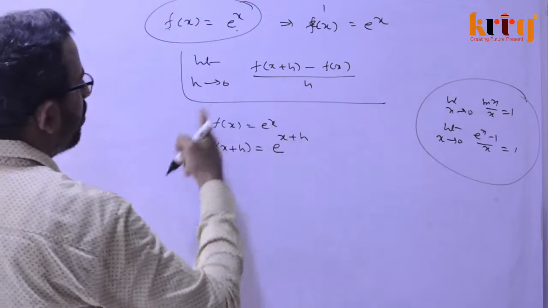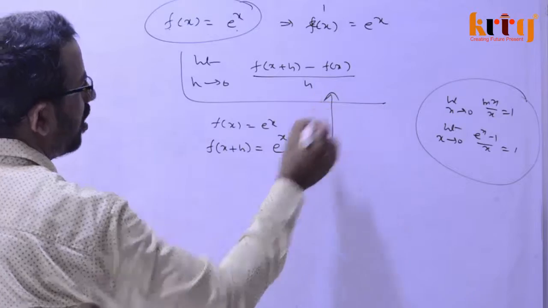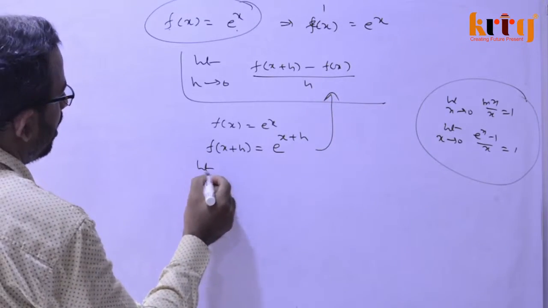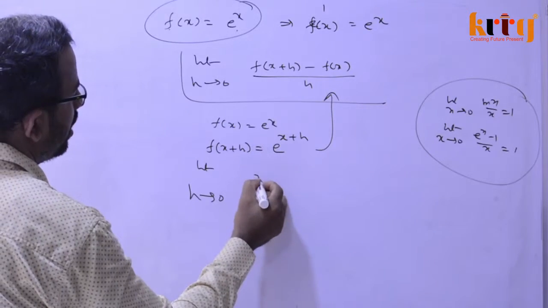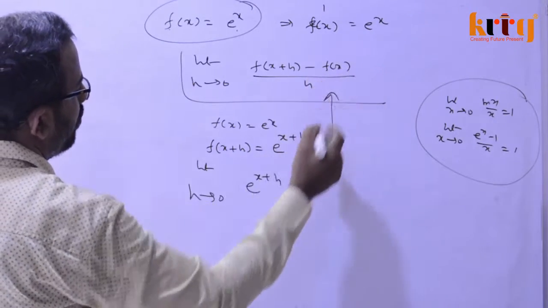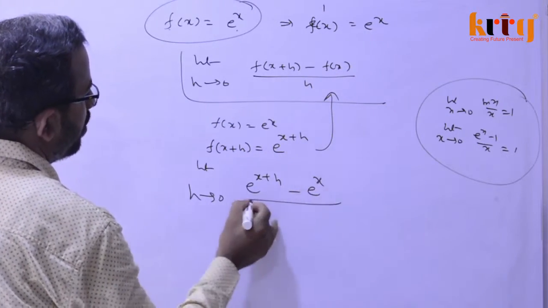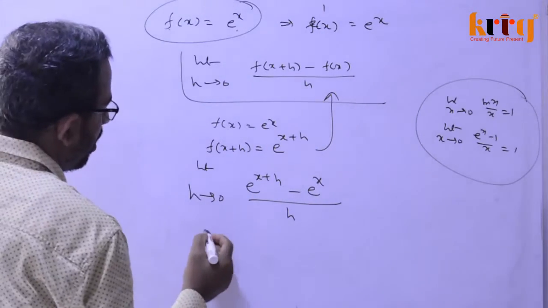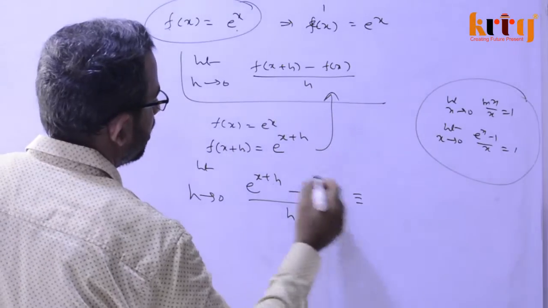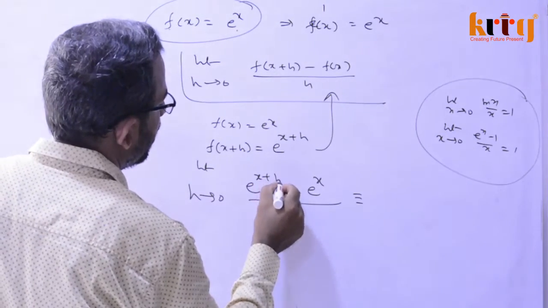Now plug these two pieces of information into the formula: limit h tends to 0, f of x plus h, in place we can write e power x plus h, minus f of x, e power x, denominator is h. Now e power x plus h is e power x into e power h.